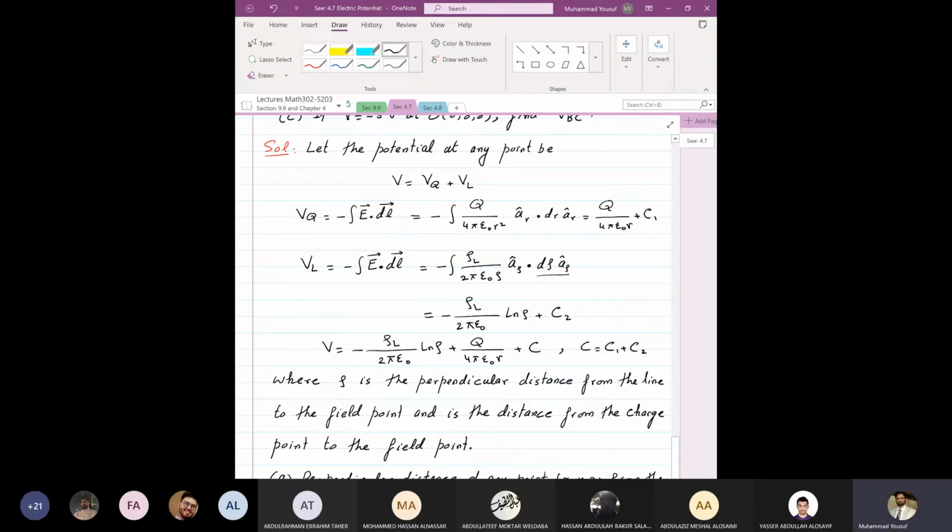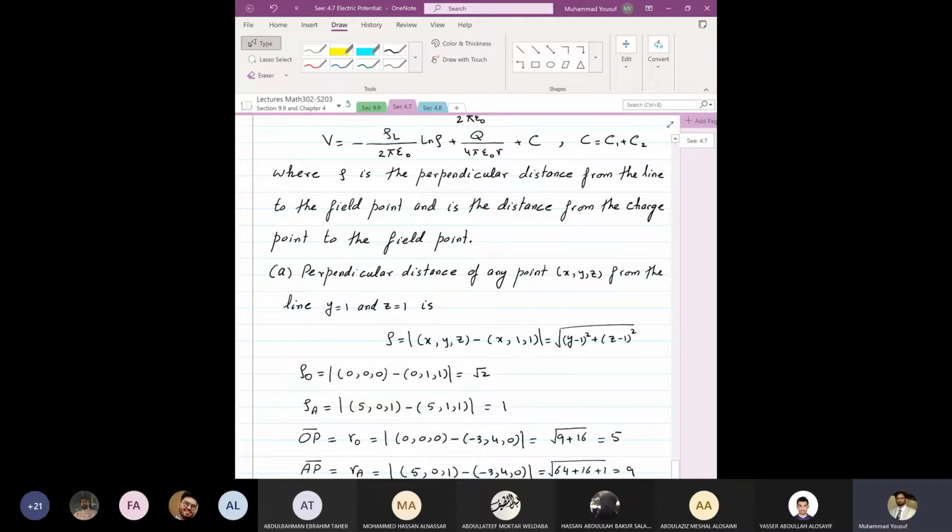Now here we have a simple situation, so the perpendicular distance will be very easy to find, but you can revise section 12.5 of Math 201, where we study lines and planes, the perpendicular distance of a point from a line, and the perpendicular distance of a point from a plane.